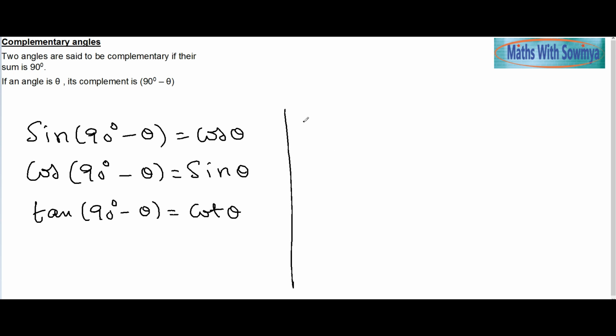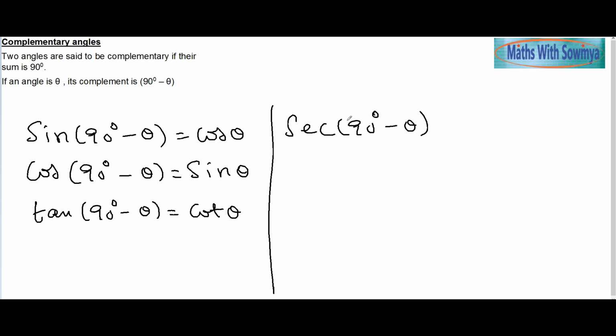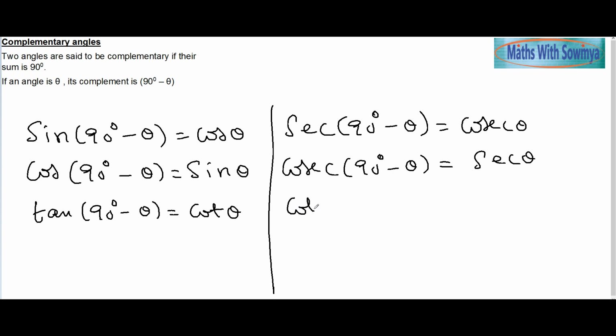Similarly, cosecant of 90 degrees minus theta is secant theta, secant of 90 degrees minus theta is cosecant theta, and cot of 90 degrees minus theta is tan theta. Using this, we will solve the complementary angle sums.